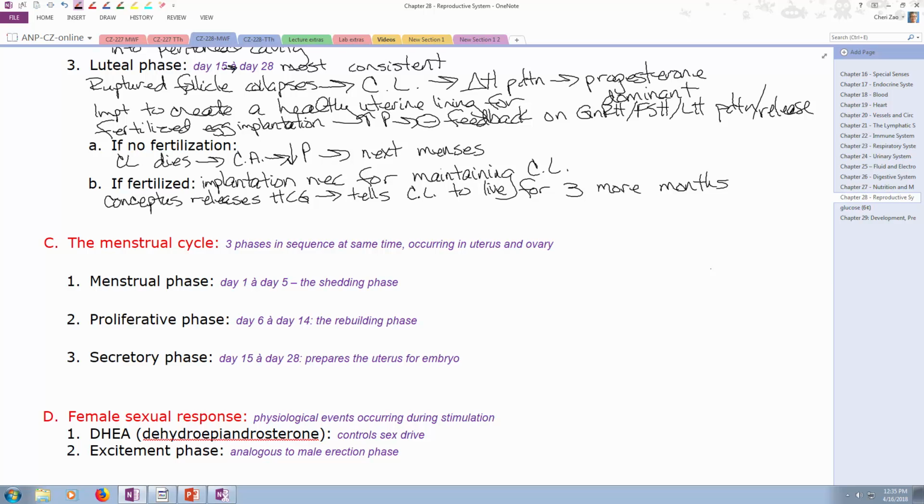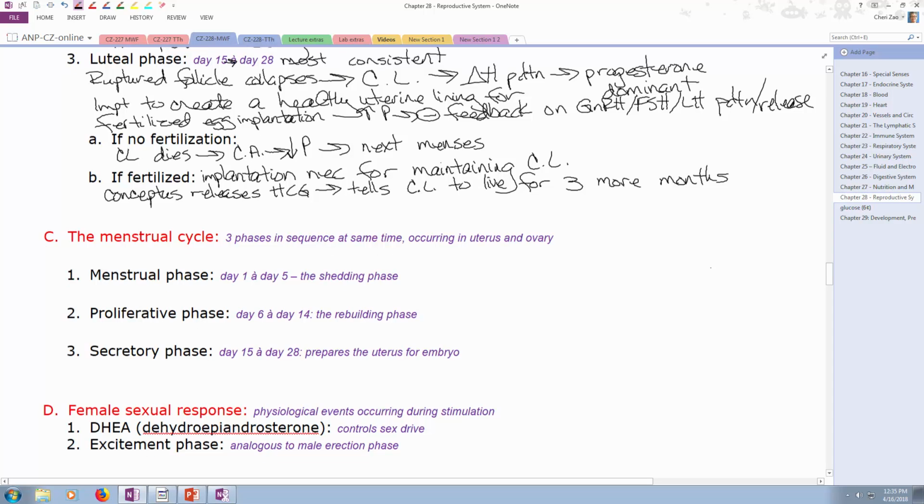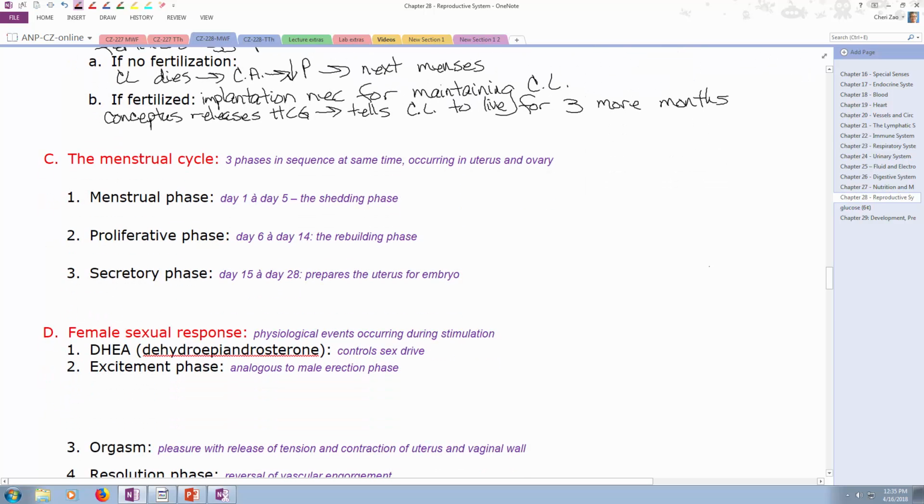So menstrual cycle: 3 phases in sequence, occurring at the same time in the uterus because of what's happening in the ovary, because the menstrual cycle is hormone dependent. Uterine lining is what the menstrual cycle is all about. Uterine lining is hormone dependent, and so it has everything to do with estrogen and progesterone levels.